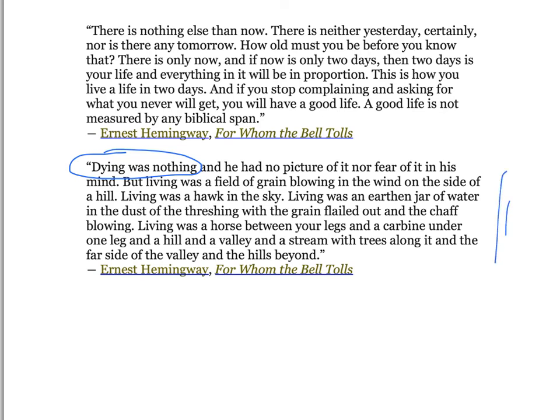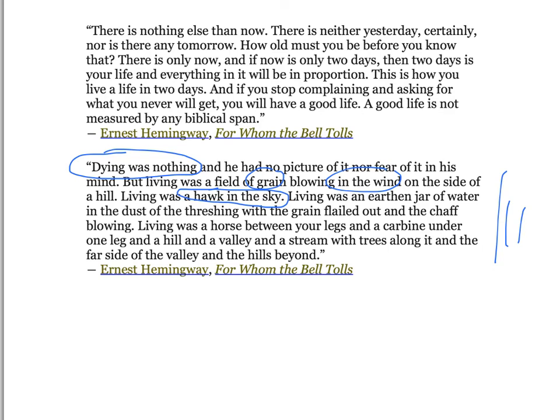So here's his definition of how to embrace the present. Living like a hawk in the sky for survival. Living was being of a place and reacting to the place, like the field of grain blowing in the wind. So two natural images. Everything in nature is fully alive in the eternal present.